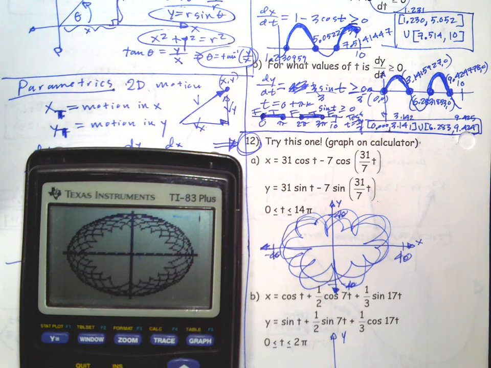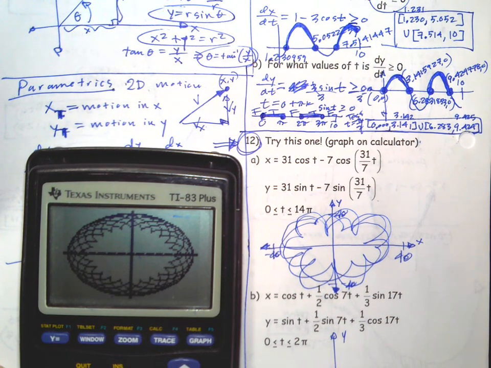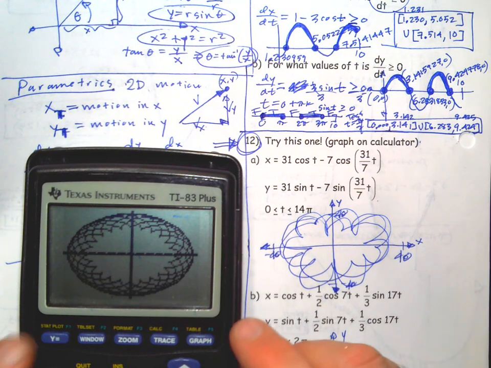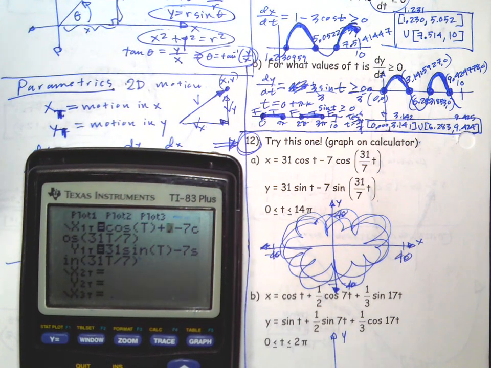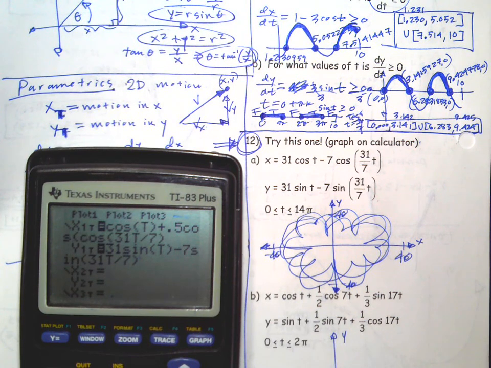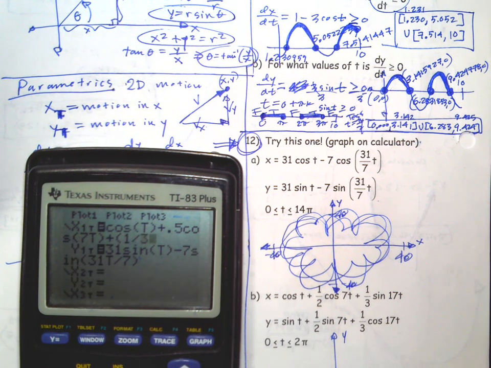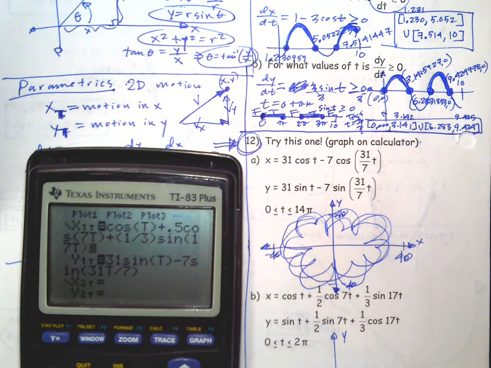Try the same thing. Cosine t plus 0.5 cosine 7t close plus 1/3 sine of 17t close.